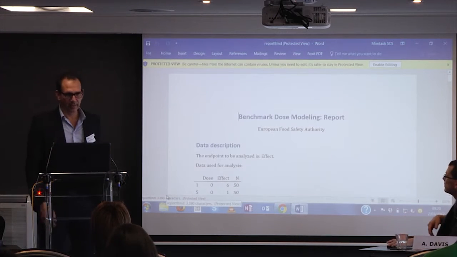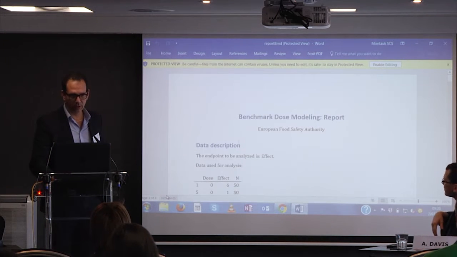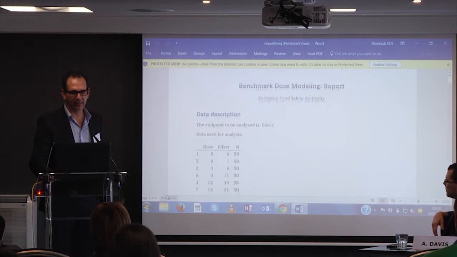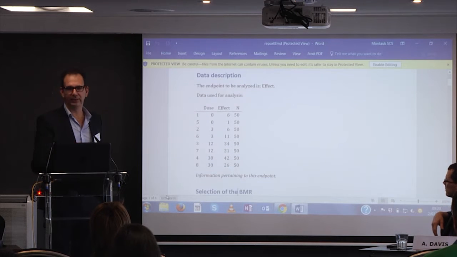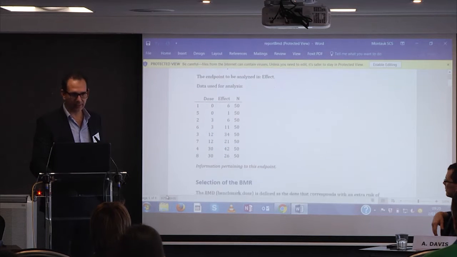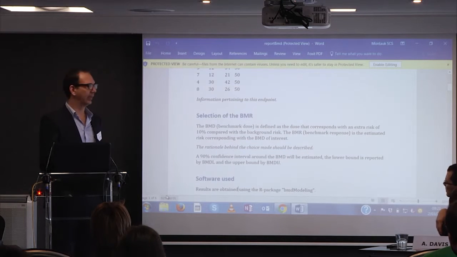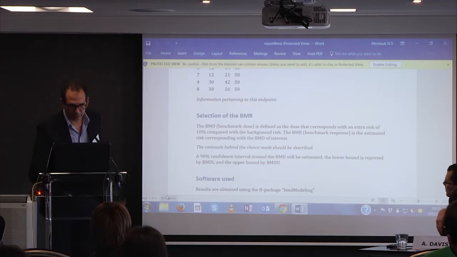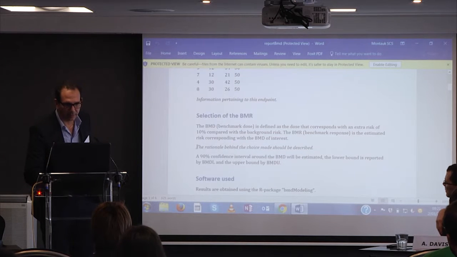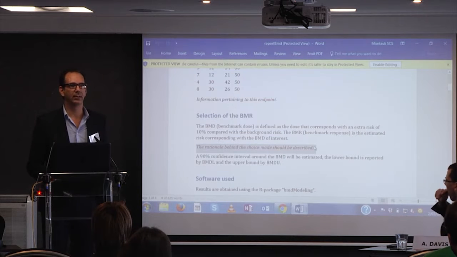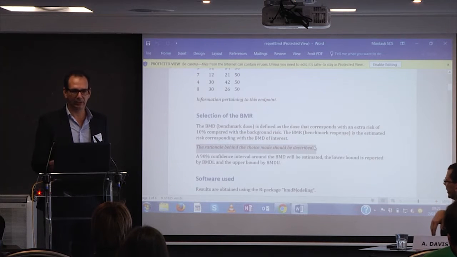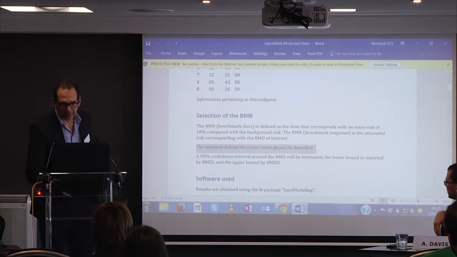Yes. And then it provides you a report in which you have the data, which endpoint you have analyzed, how the data looks, and what BMR you have used. It gives you some indication of things that you should provide. You see, it's in a different font there, italic in this case, so that you give a bit of a rationale for the endpoint that you have used.